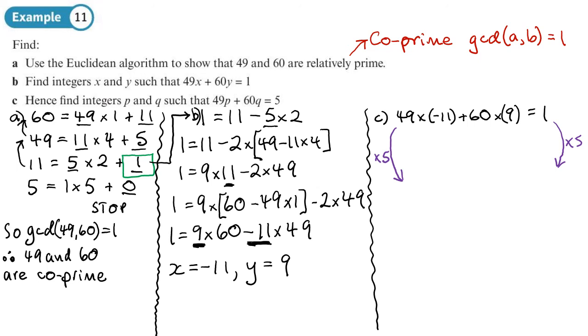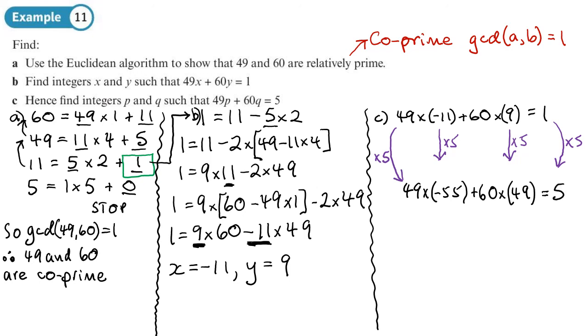So if I just times everything by 5, basically I want to times these multiples here by 5. So that will give me this, 49 times by negative 55 plus 60 times by 45. That will equal 5.